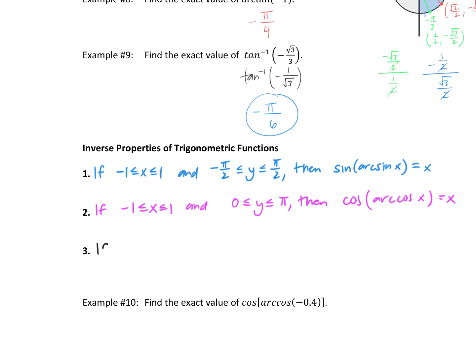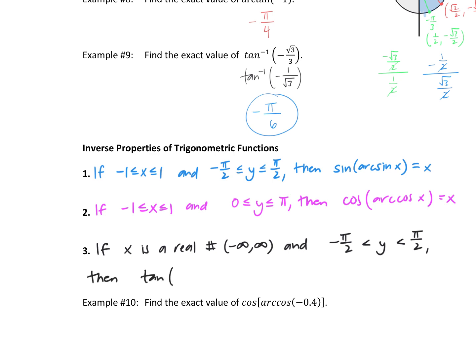And lastly, for tangent, if x is a real number, anything from -infinity to infinity, and we're between -pi/2 and pi/2, then tangent of arctangent of x is equal to x.